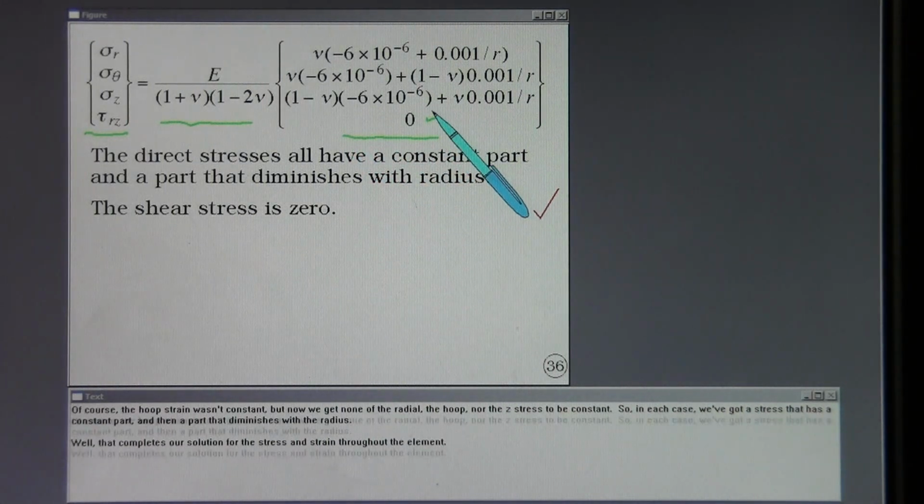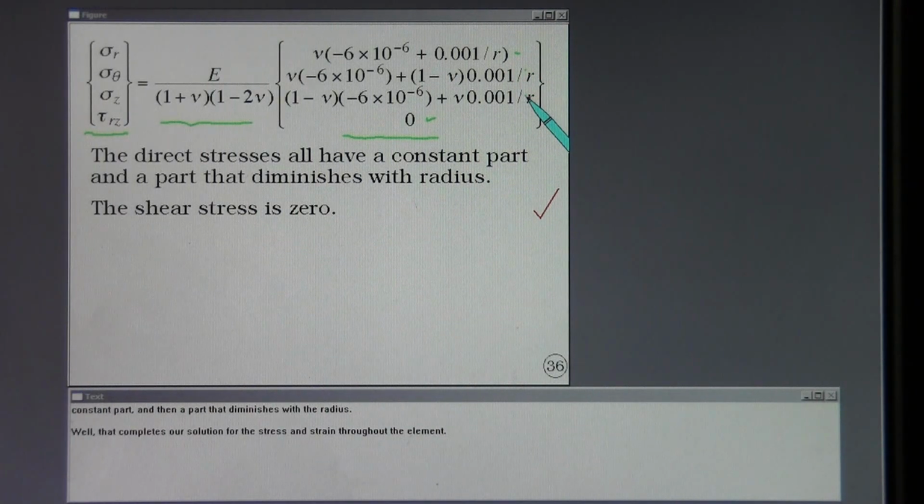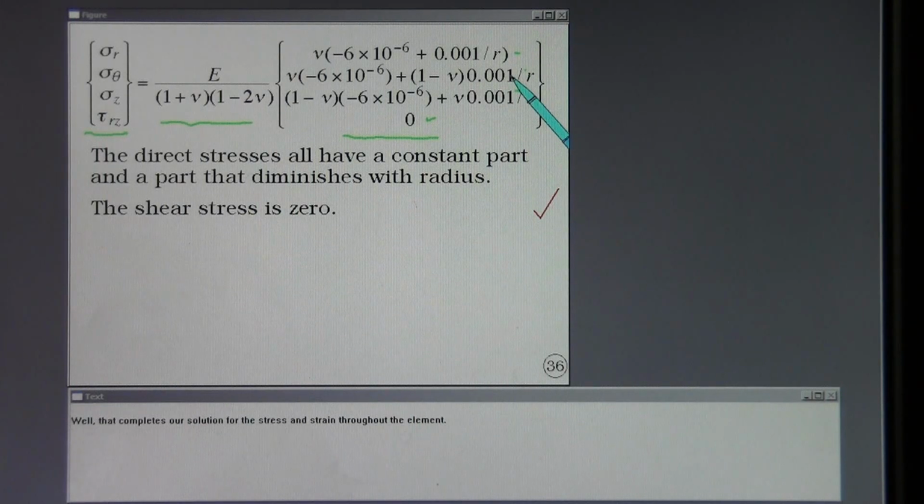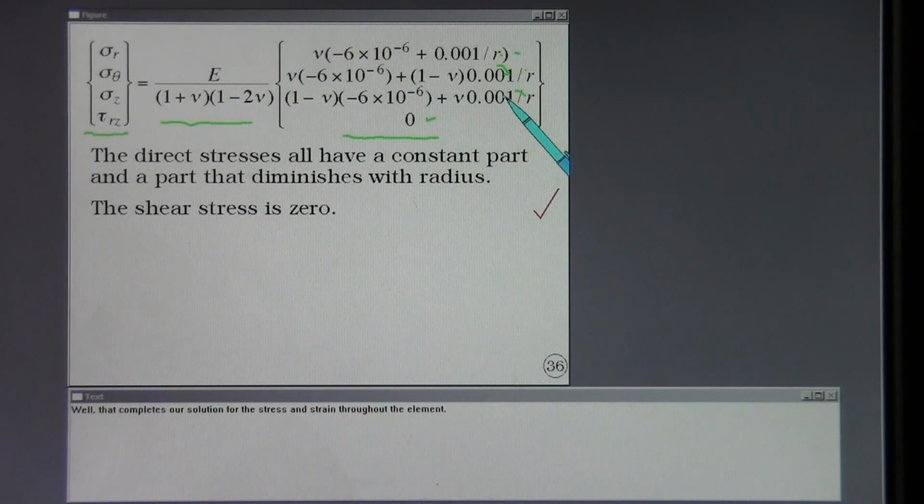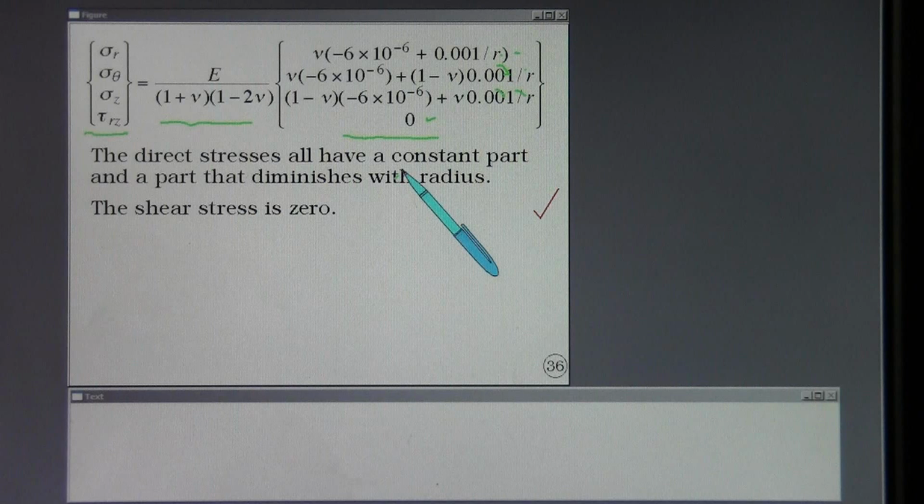There's no shear stress, but there are stresses in the other 3 components, and none of them are constant. Of course, the hoop strain wasn't constant, but now we get none of the radial, the hoop, nor the Z stress to be constant. So in each case, we've got a stress that has a constant part and then a part that diminishes with the radius.